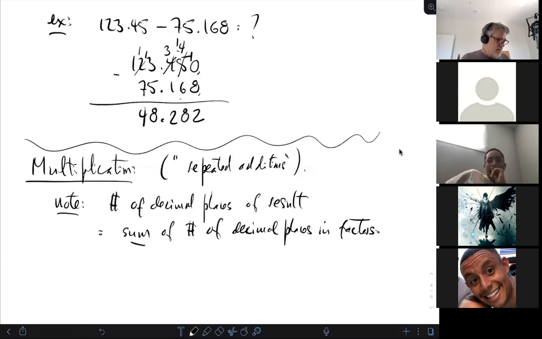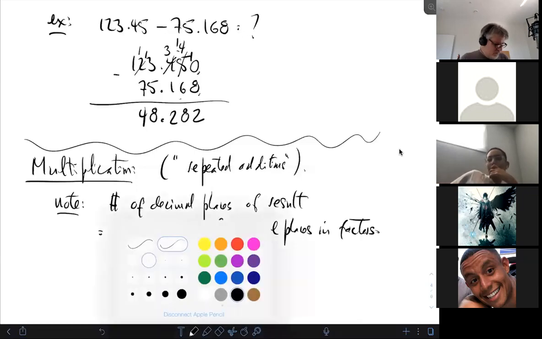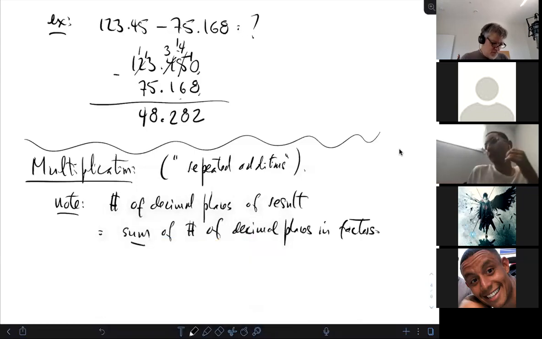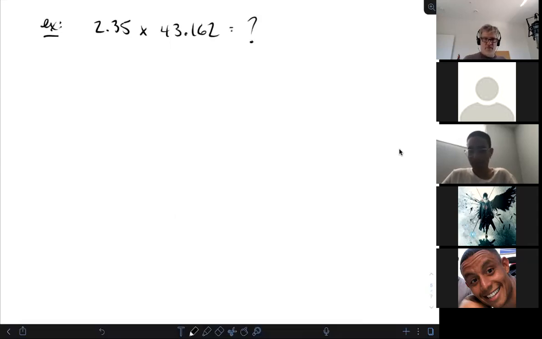Okay, I'll illustrate this with an example and you'll see, I'm sure this will ring a bell. Okay, so let's do an example in full. 2.35 times 43.162. I want to multiply this. Again, when I'm actually doing the product, the decimal points are irrelevant.